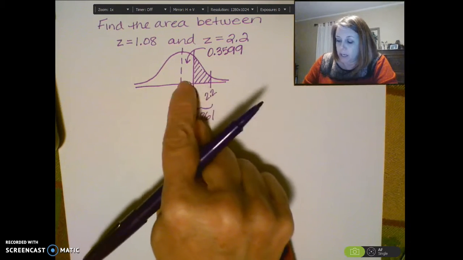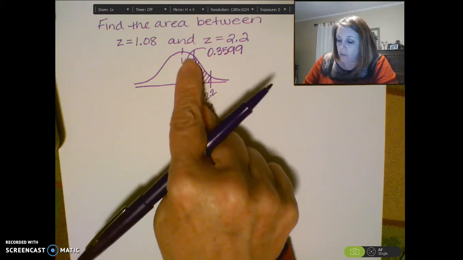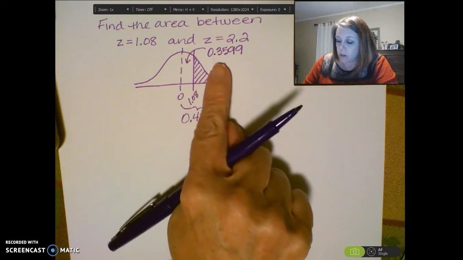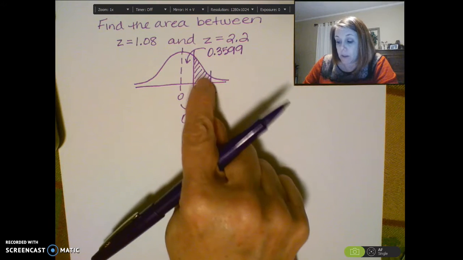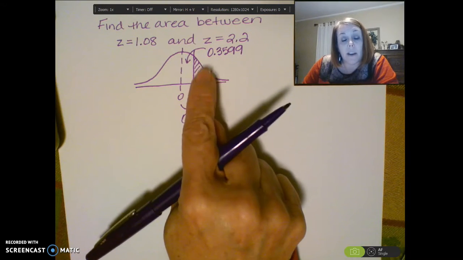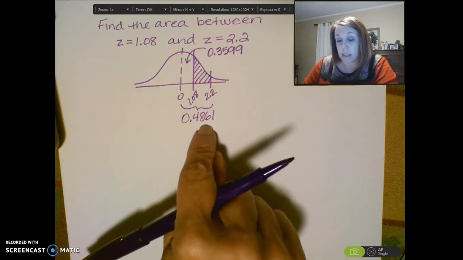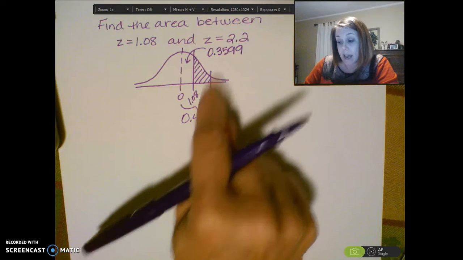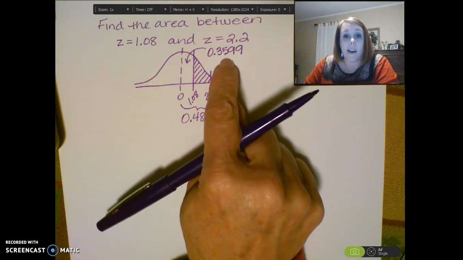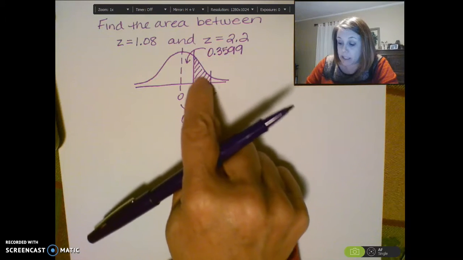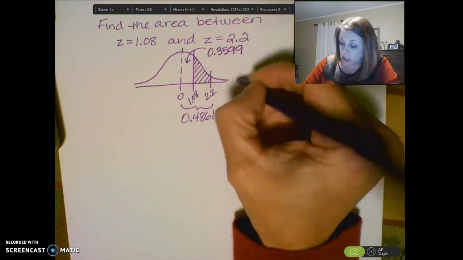So the 0.4861 represents all of this area, from 0 all the way over to 2.2, but I only want this portion of it, so the way that I'm going to find that particular portion is to take this 0.4861 and subtract from it 0.3599. And that's going to give me what's left, which remains here in the shaded region.